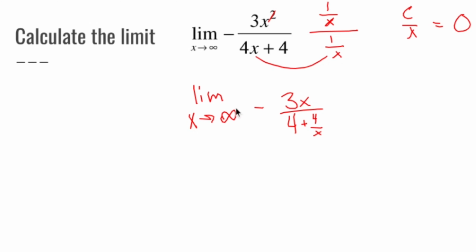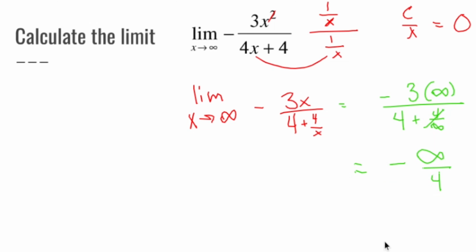Now I can plug in infinity. I have negative 3 times infinity over 4 plus 4 over infinity. 4 over infinity becomes 0. So this becomes negative infinity divided by 4, which is negative infinity.